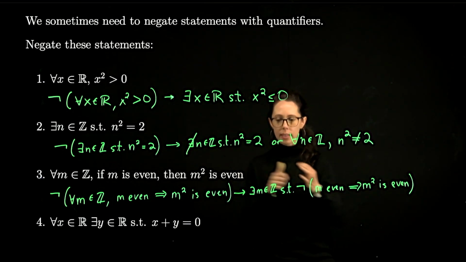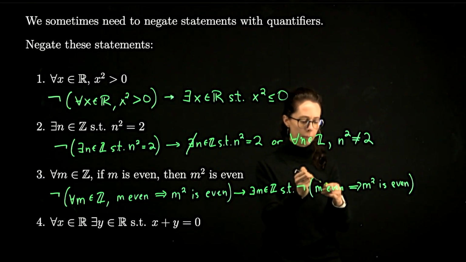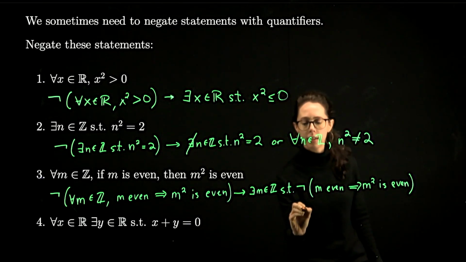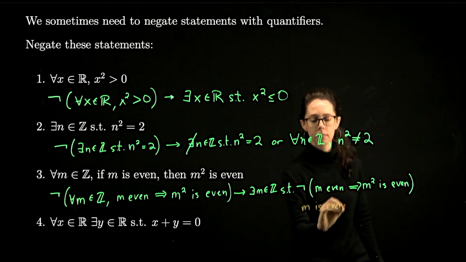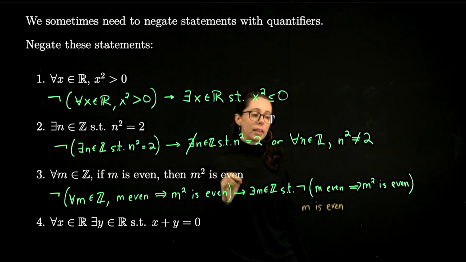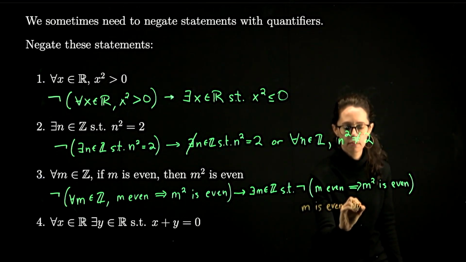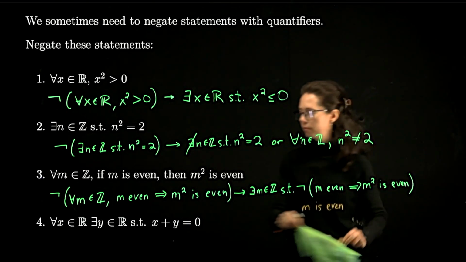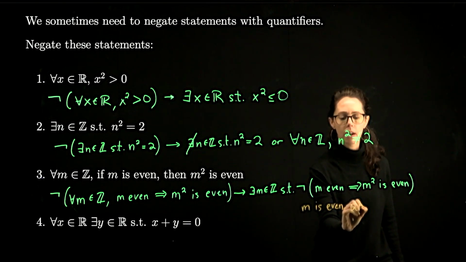So we continue down here, I'm just going to negate this part. There exists an m in the integers such that m is even, but m squared is not even. I think I will write "and" instead of "but": m is even and m squared is not.